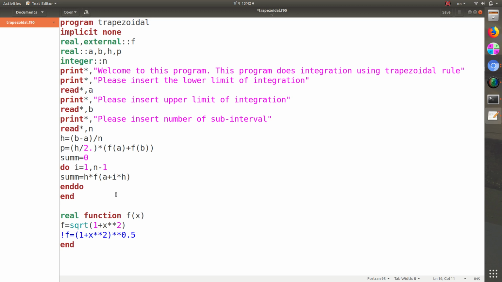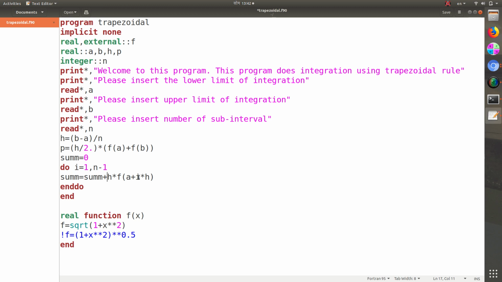Alright, so I will explain about this. So first of all, for i equals 1, this is our formula. For i equals 1, sum equals 0 will be used here. So for i equals 1, sum would be h into f of a plus h. Okay, that is x1, f of x1. That is sum 1. Okay, again for i equals 2, this would be sum 1 and this would be sum 2.